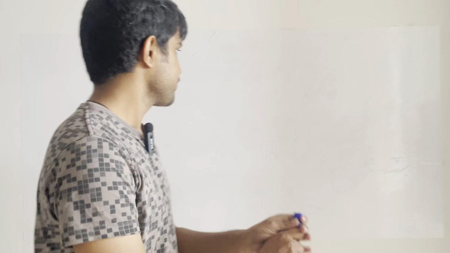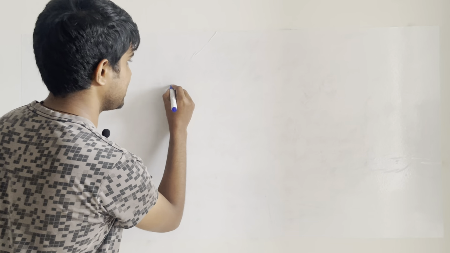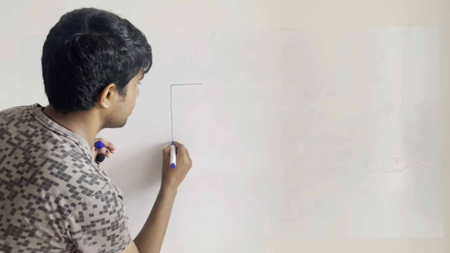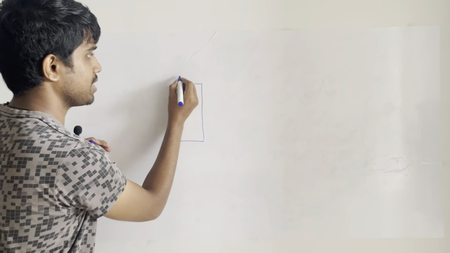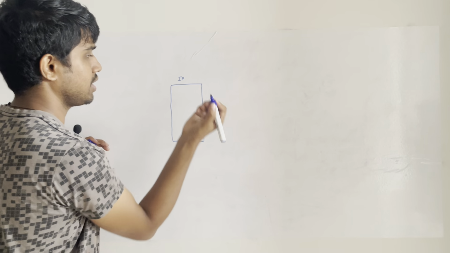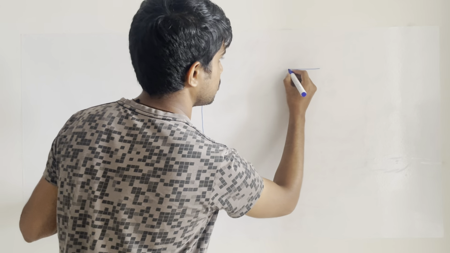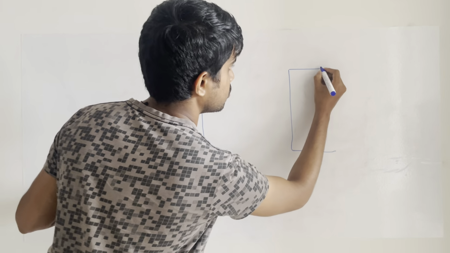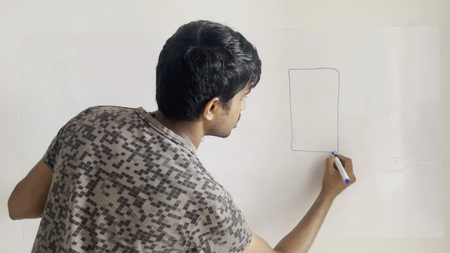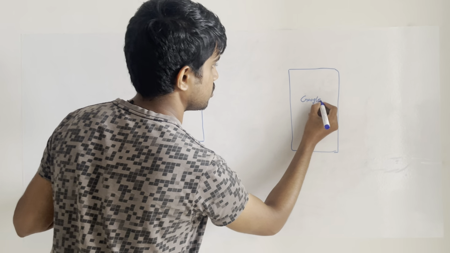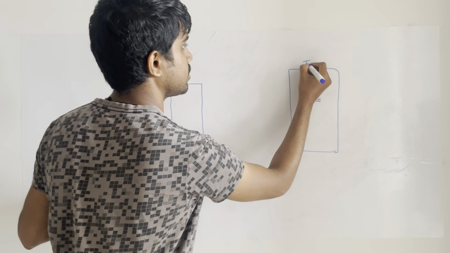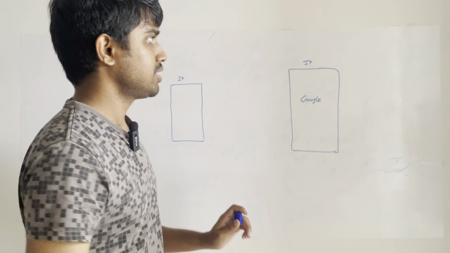Right? So let's take an example where this is your mobile application. It has its own IP, and then we have a Google server, which has its own IP, right?